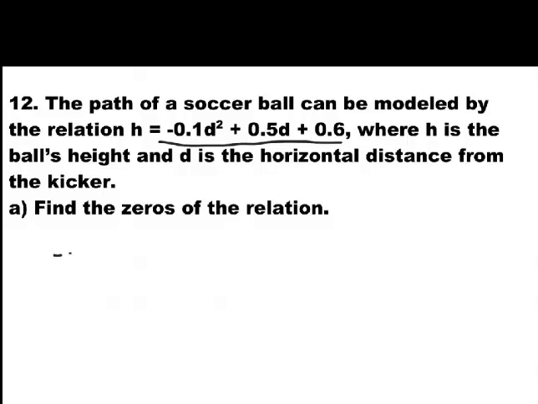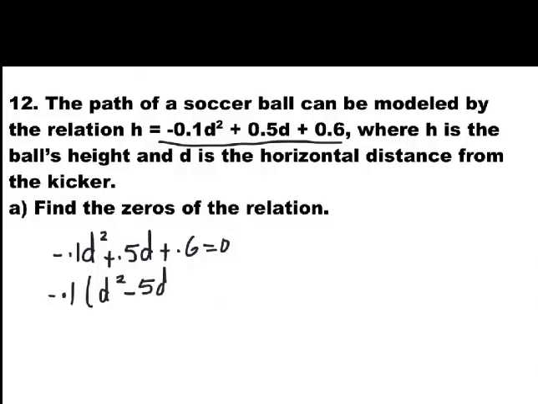This means negative 0.1 d squared plus 0.5 d plus 0.6 has to be equal to 0. I can common factor negative 0.1 out, so I get d squared minus 5d minus 6 is equal to 0.